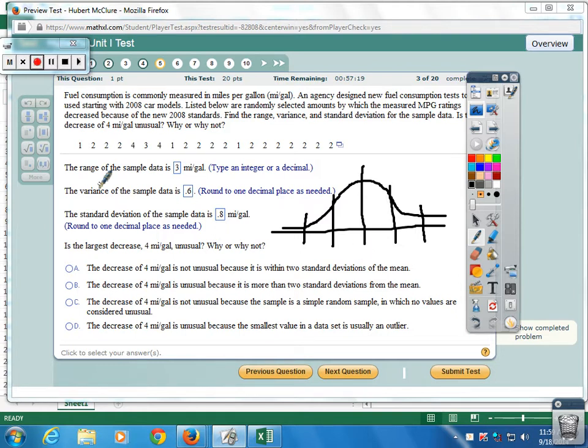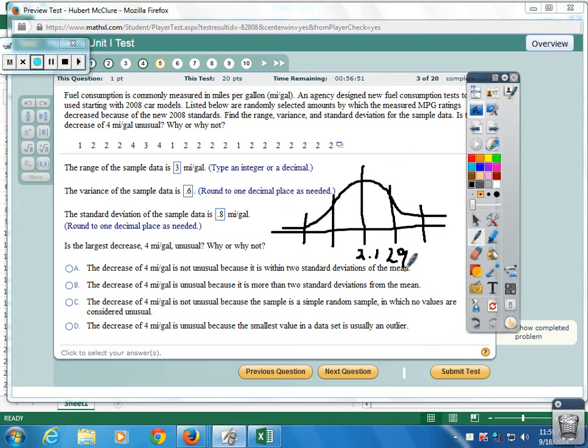All right. The range is 0.6, and we got a mean. What was our mean? 2.1. So I'm just going to put a 2.1 here. 2.1 plus the standard deviation is 2.9.